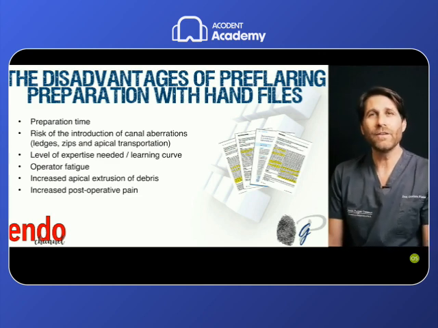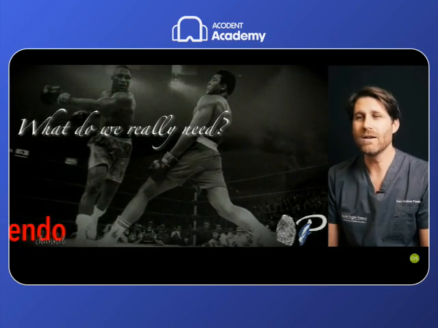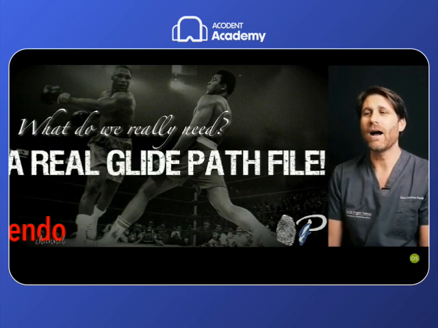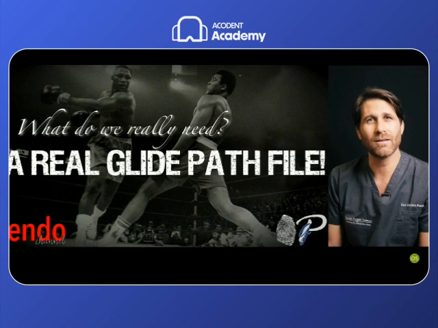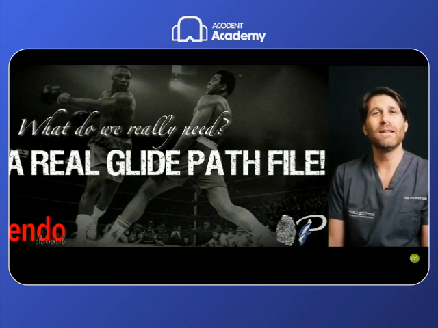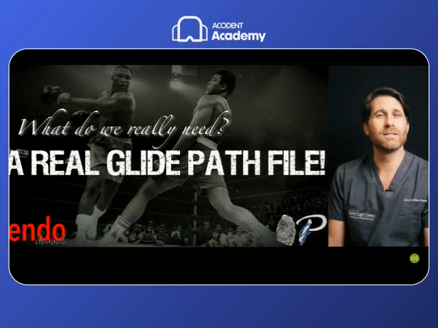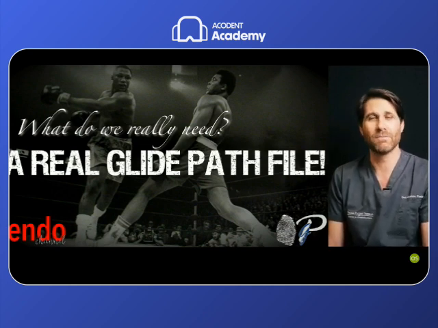So after these explanations, what do we really need in this phase of the treatment? We really need a real glide path file, not the glide path files that are already marketed today that can be used only after we have established a manual glide path with a 10 stainless steel file, as I have explained.